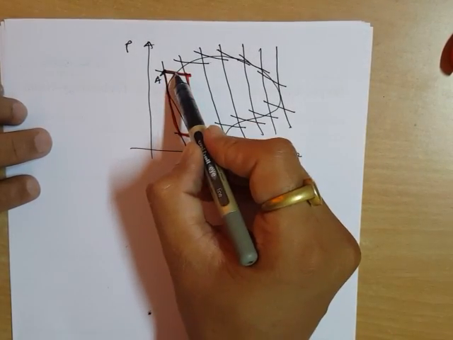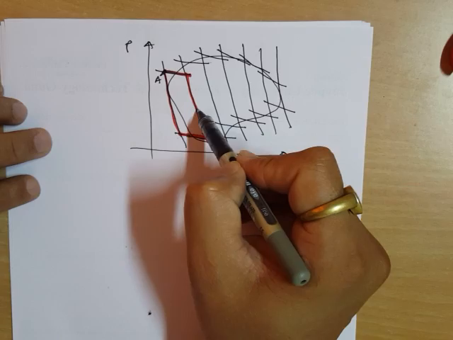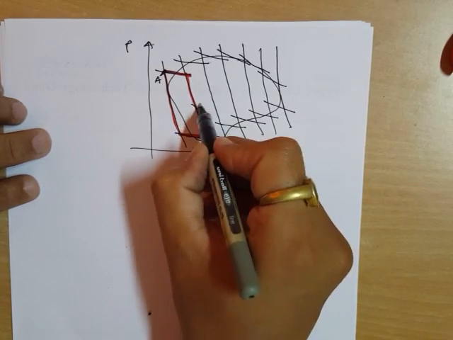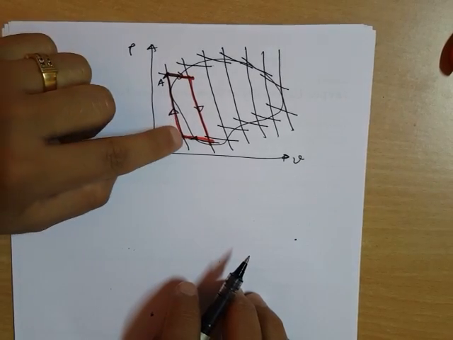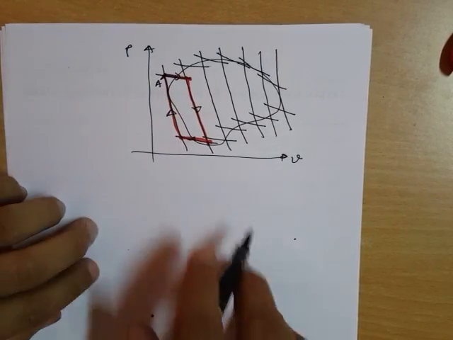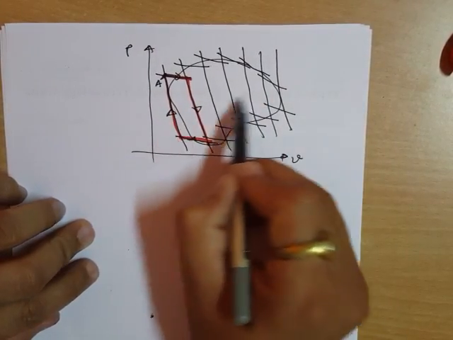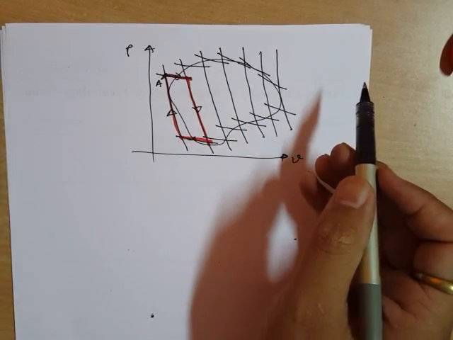How? This is a reversible isothermal followed by a reversible adiabatic, then followed by a reversible isothermal, and again a reversible adiabatic. So you are forming one Carnot cycle, not only one. The whole figure has been divided into a number of Carnot cycles.